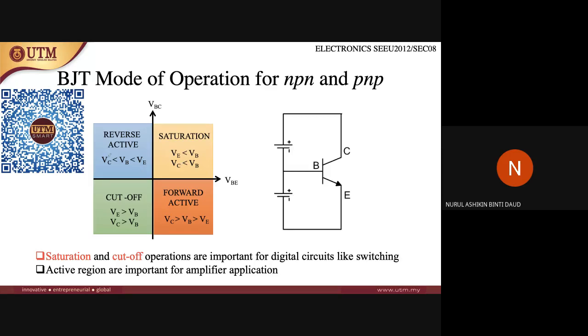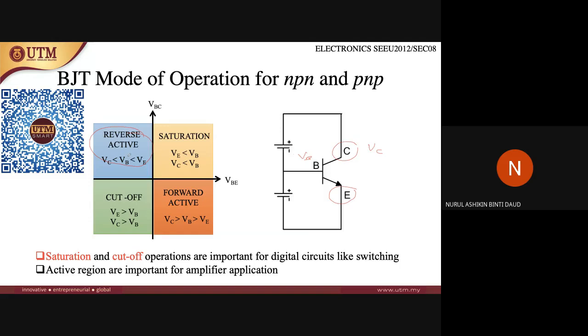VC refers to the voltage at the collector, VB refers to the voltage at the base, and VE refers to the voltage at the emitter. When VC is smaller than VB and VB is smaller than VE, it means the voltage at the emitter is larger compared to the base and collector, so the transistor is in the reverse active region.